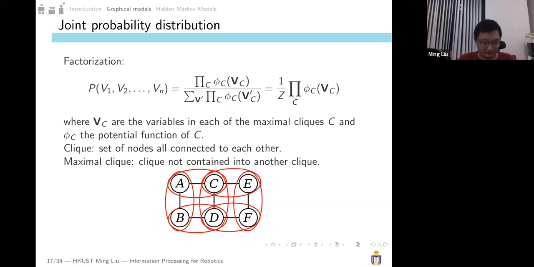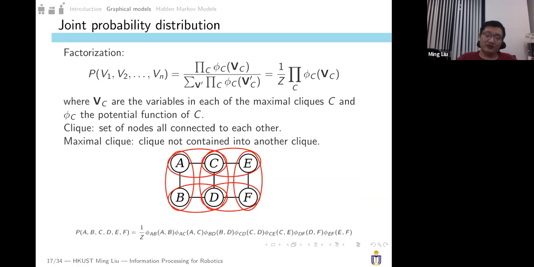And then what's the joint distribution? Joint distribution of all these states will be the potential function over AB, AC, BD, up to all the cases to the end.